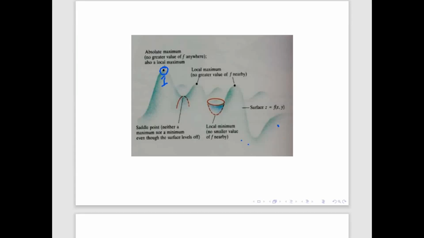Maximum. All these blue colored points are local maxima, and this point and this point are local minima. I am calling them point number 2 and point number 3. Is point 3 a local maximum or local minimum? Minimum.